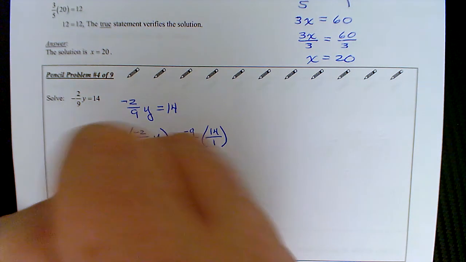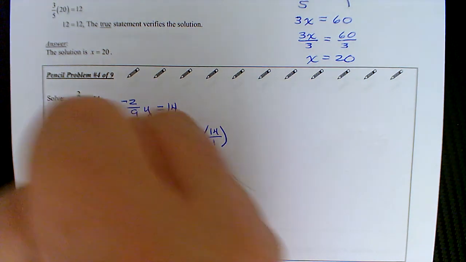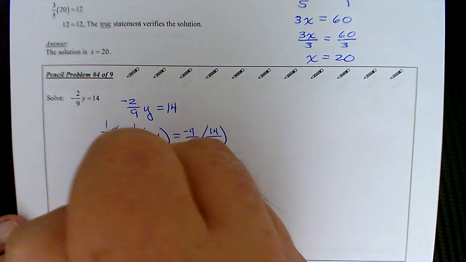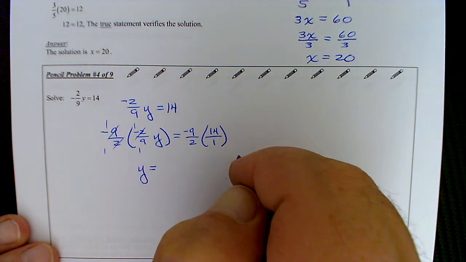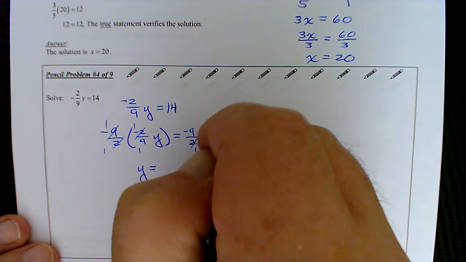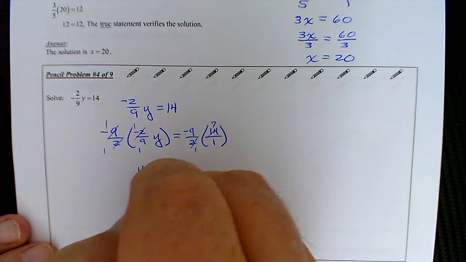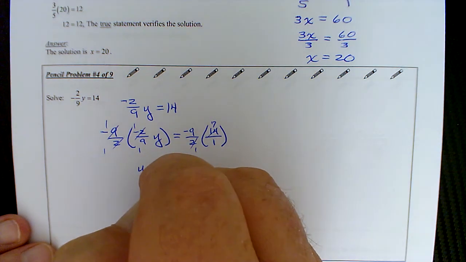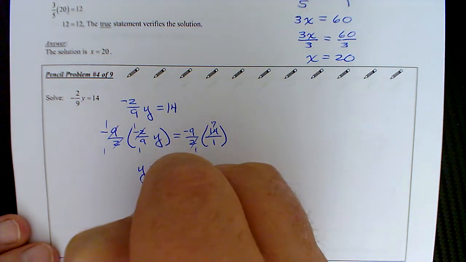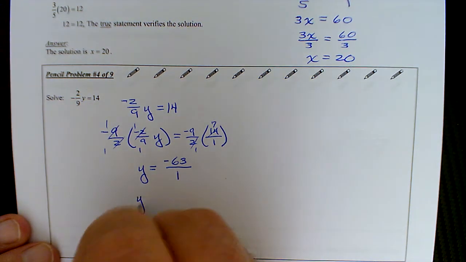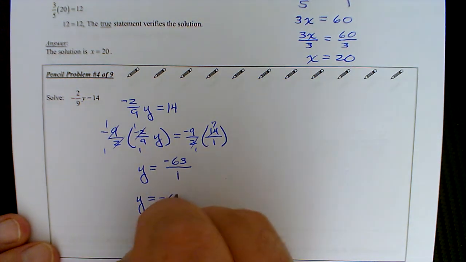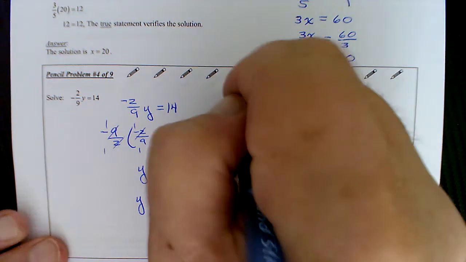And then what happens on the left is everything cancels, replaced by 1s, the double negative makes a positive, of course. And then on the right, the 2 can go into the 14 7 times. 9 times 7, 63, so negative over 1 times 1, or just -63. So that's the reciprocal method.